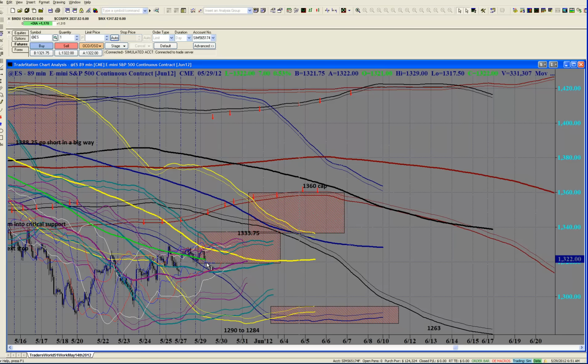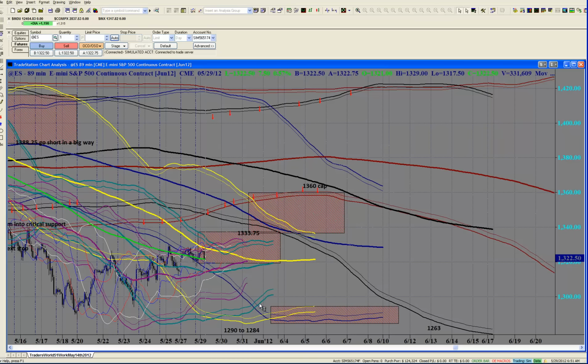If we don't break those levels that I discussed, the 1317.50 and the 1314, then it's going to have a very hard time climbing this wall, which starts out at a level of about 1326 and goes up to 1333.75. And then you could see all the lines, the lower boundary starts sloping up as we advance into the early part of June.